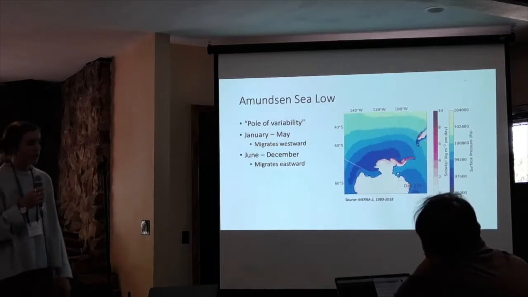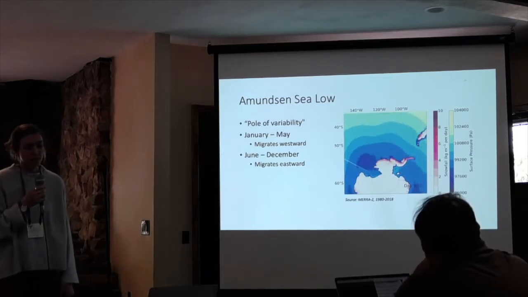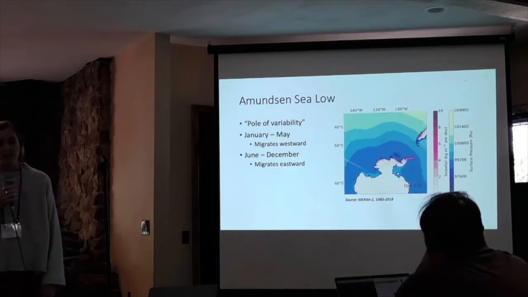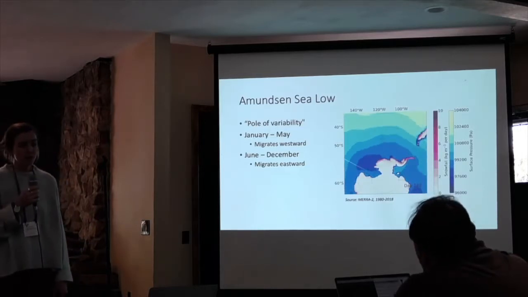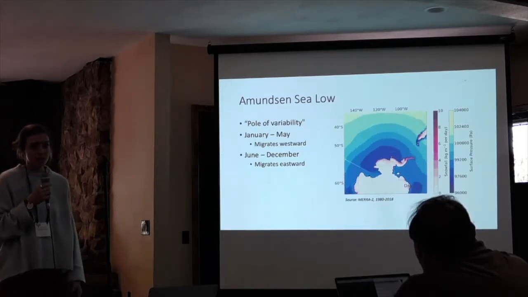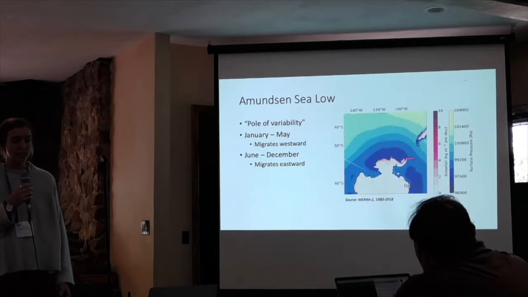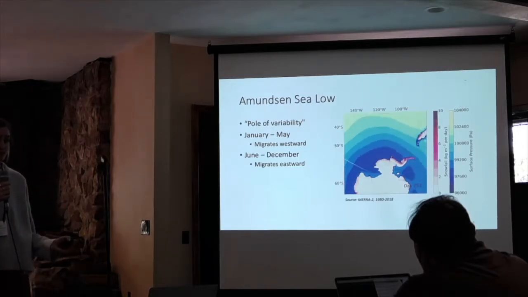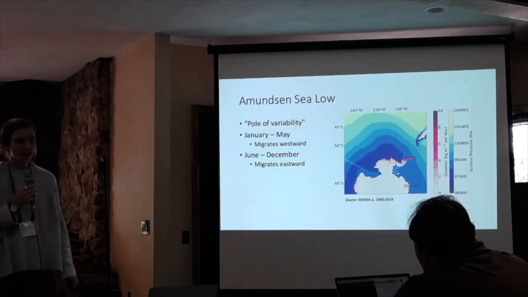So in the early months, so summer, in January and February, the center of the low is located mostly north and northeast of the Amundsen Sea embayment. But over the course of the year, the center of the low, again in the mean, migrates westward, almost towards the Ross Sea. And then around June or around midwinter, it ends up migrating back eastward again.